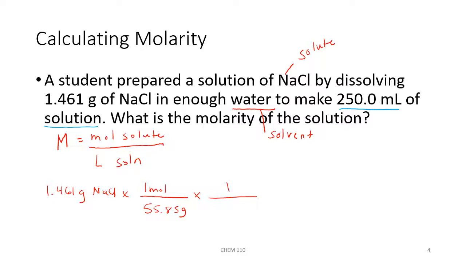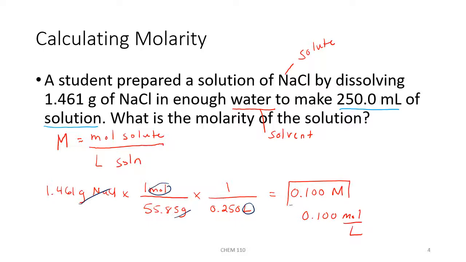Lastly, we have to divide by our volume in liters. 250 milliliters will be equal to 0.250 liters. So we can see our grams of NaCl cancel, and we're left with moles over liters. So our answer here should be 0.100 molar sodium chloride solution, or 0.100 moles per liter is another way to write that. Either capital M or moles over liters would be the correct units.